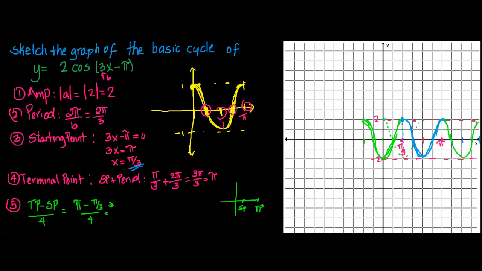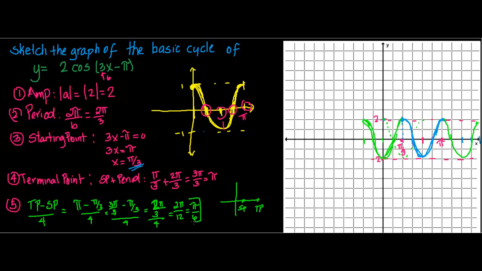Pi is equal to 3 pi thirds, right? 1 is equal to 3 over 3. We need common denominators to subtract these two numbers. Everything divided by 4 equals 3 pi thirds minus pi thirds. That gives you 2 pi thirds divided by 4. And that will equal 2 pi over 12, which is the same thing as pi over 6.